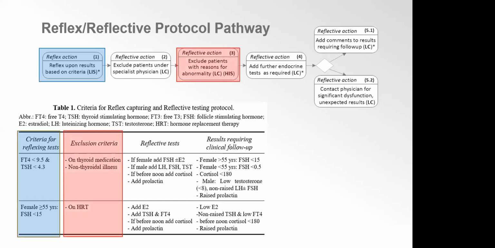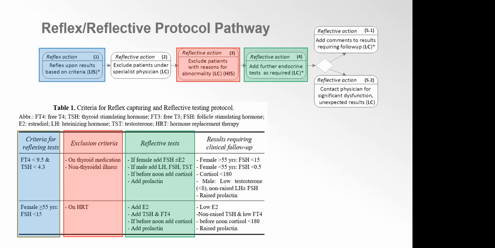In the third action, the LC excludes patients with known reasons for the abnormality. For instance, if they're on thyroid medication or have non-thyroidal illness, that may explain these particular hormonal values. So again, we don't bother with the interpretive comments and with the follow-up. Then finally, the LC may add on additional endocrine laboratory tests.